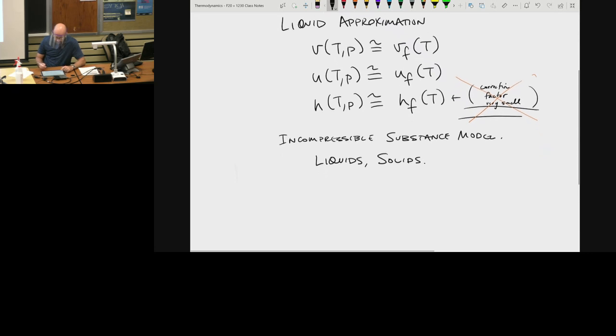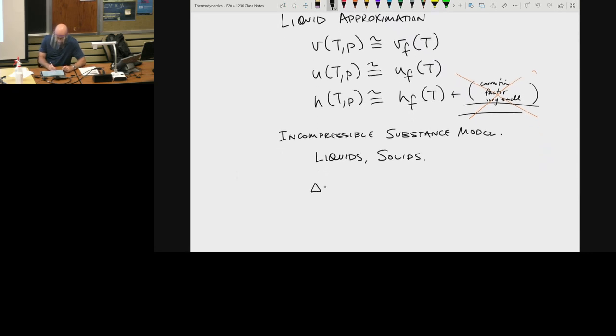And so when we do that, we replace the change in internal energy with the specific heat times T2 minus T1. Remember, I didn't state this, but for an incompressible substance, C sub V is equal to C sub P, so we just call it C. It doesn't matter which one we use, because for incompressible substances, C sub P and C sub V are the same number.